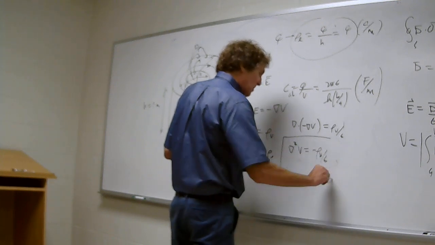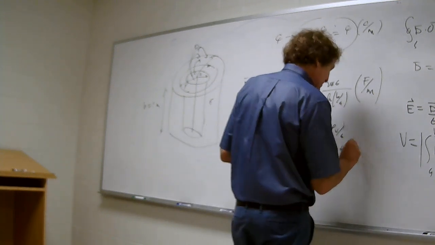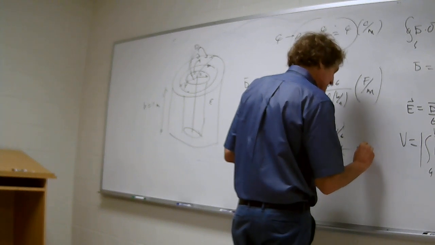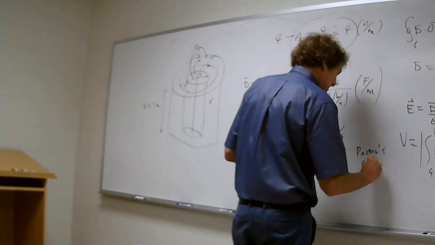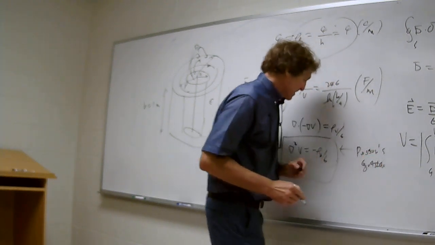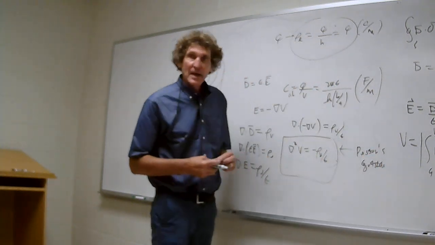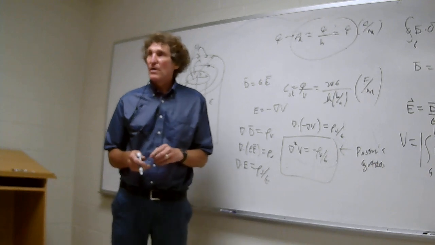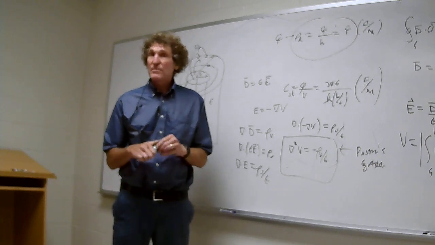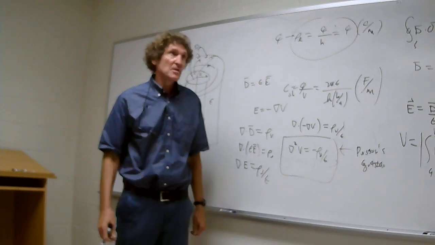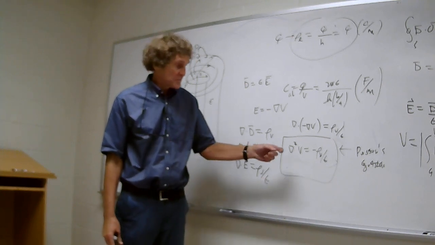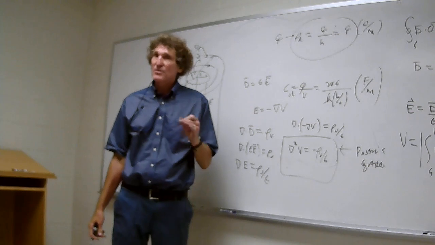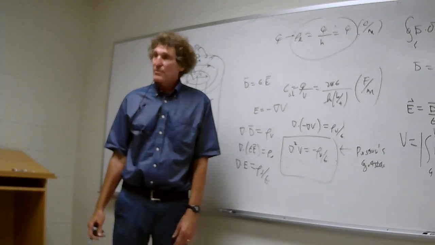And this is called Poisson's equation. We solve it, it's a differential equation. It could be in spherical, Cartesian, or cylindrical coordinates. And when we solve this for charge distributions, that's called a boundary value problem that we'll do next time.